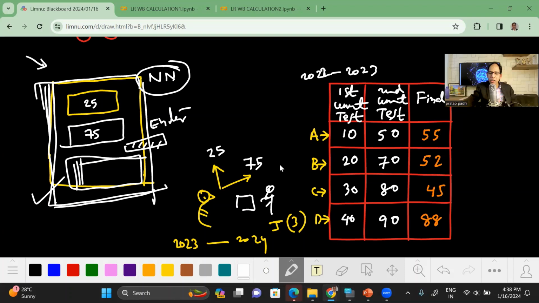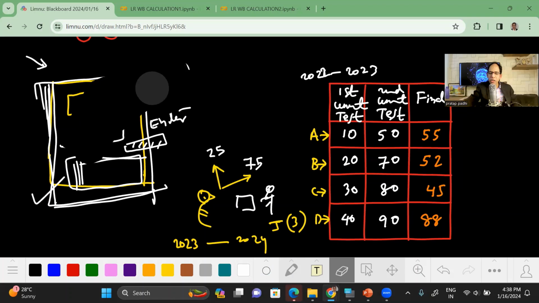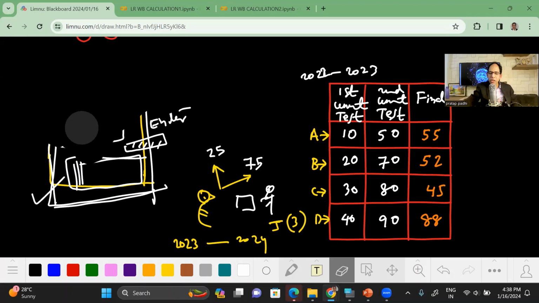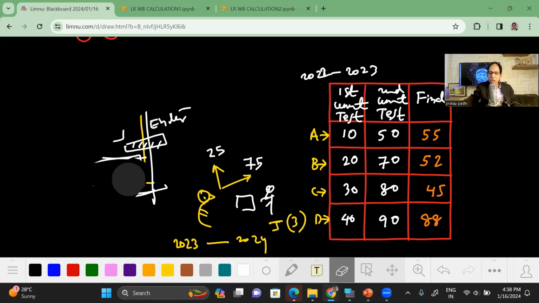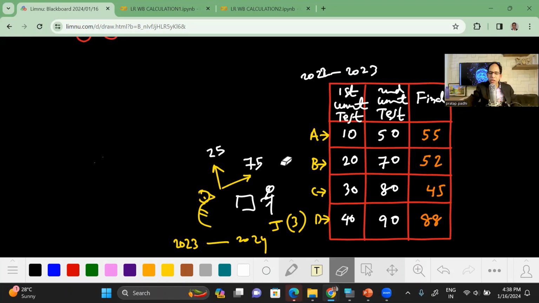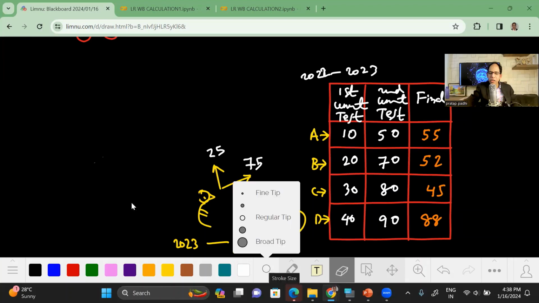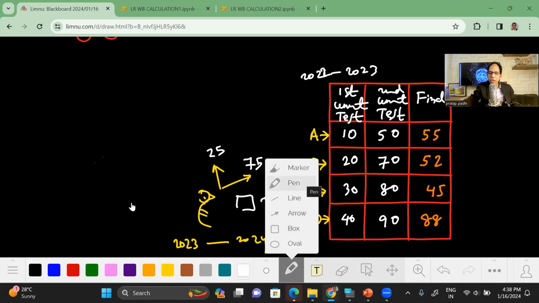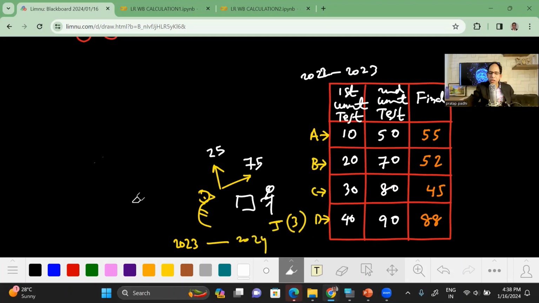Now let me erase this. Now I will write here these two inputs.